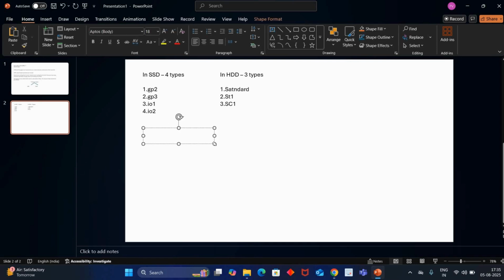GP2 and GP3 are classified as general purpose.